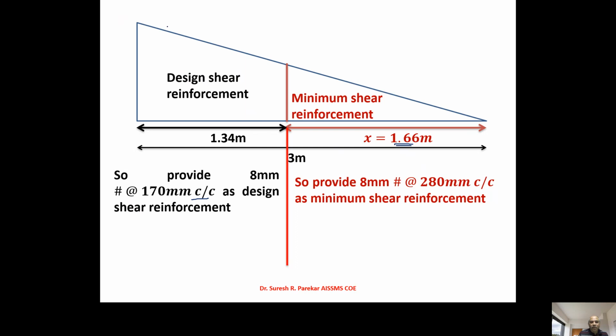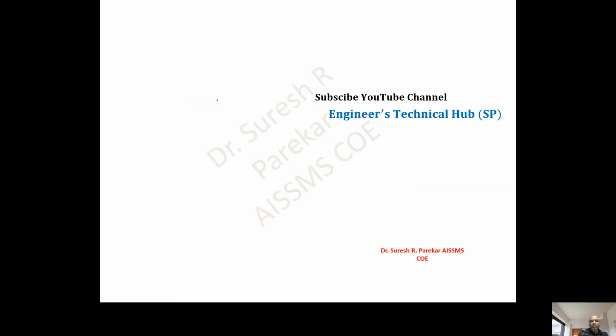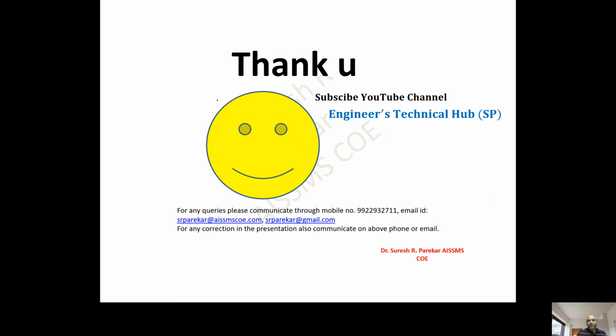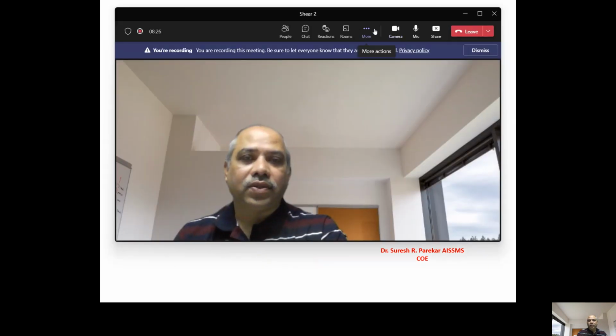Though we calculate Vud, we have to provide reinforcement till the end of the support, and that is design shear reinforcement. So we have these regions in which we provide minimum shear reinforcement and design shear reinforcement. These are the problems related to shear, and we will stop here. Thank you.